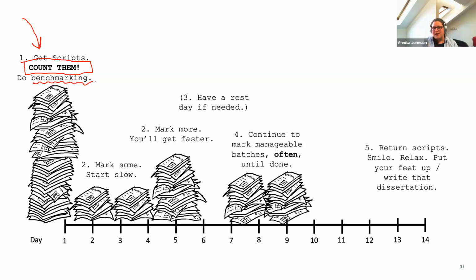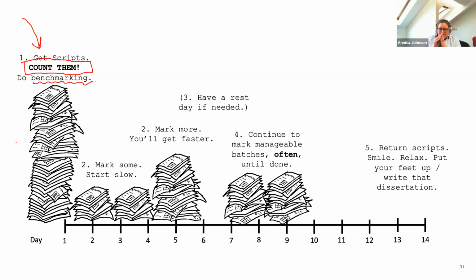So as well as making sure you always keep them somewhere secure, when you first get them in, do count them, even if it's a few hundred. And if you don't have the number that the office or whoever you've got them from thinks they've given you, then it's important to flag it at that early stage so that you're not the one accountable for any missing scripts.